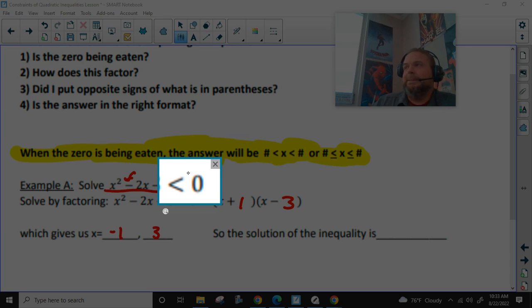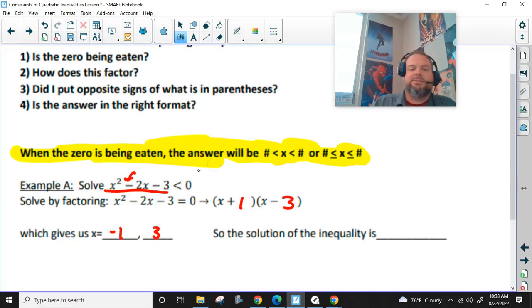So, we can discuss the eating habits of alligators later. I'm from a very small town, so we just said okay. This is before the interwebs, so it looks like the zero's being eaten. So that's why it's going to be in this format.